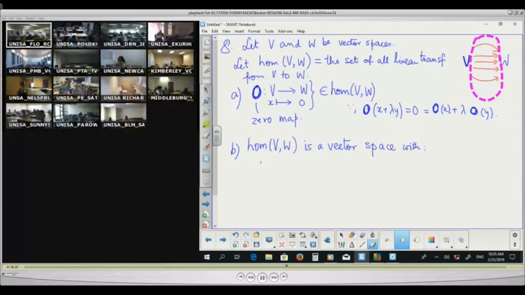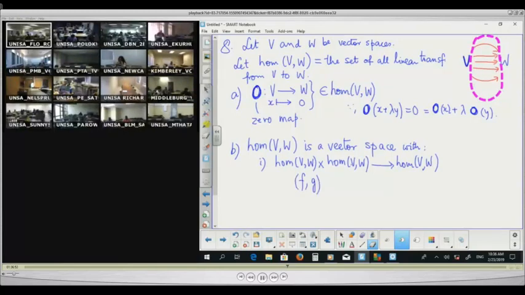So I have to give an addition. That means I have to give a binary operation on this set. So I take a pair of linear transformations and I give it this binary operation.